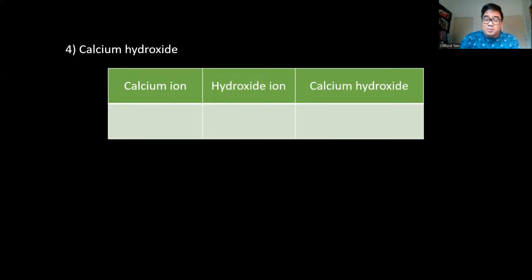Calcium and hydroxide. This is probably the toughest of all the examples that we'll ever do for now, but you guys can totally handle this, I think. Calcium ion is Ca2+, as we already know, an alkaline earth metal, and hydroxide we already worked with earlier, being OH negative. So let's draw it out to make sure that we understand what's actually happening here.